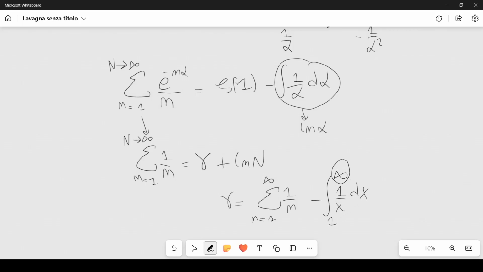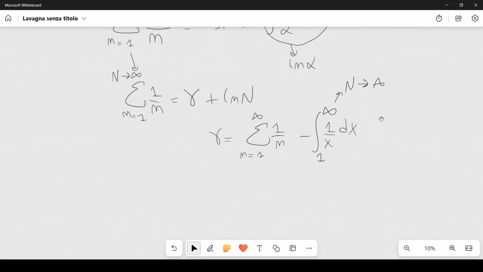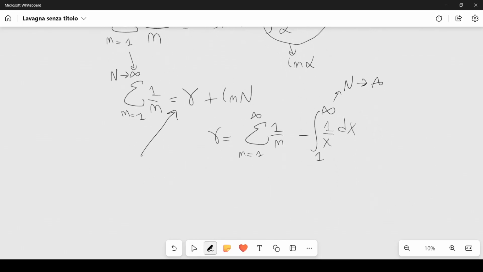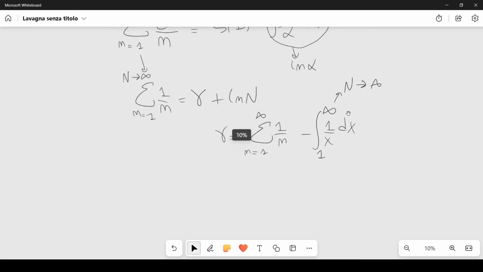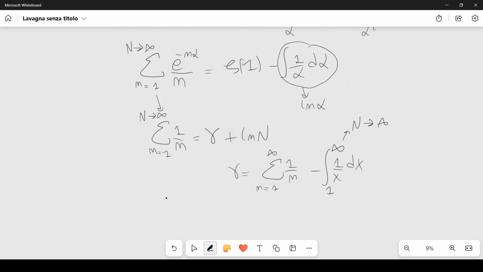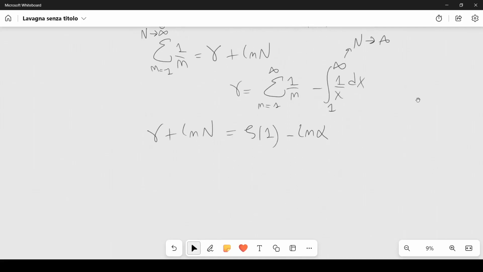So remember that this infinity actually is n, so we let n go to infinity. So this is also how we can rewrite this series here, right? So we have a divergence on the left, gamma plus ln n, z of 1, and then here we have minus ln alpha.